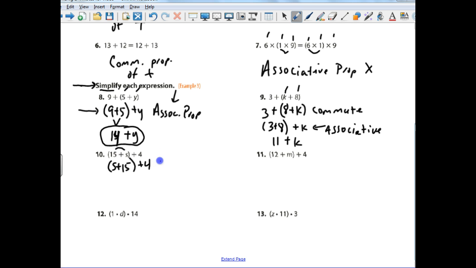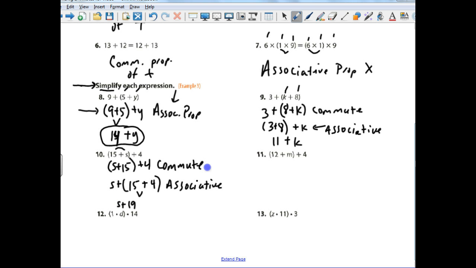That's the commutative property. And then I'm going to change the grouping and call that the associative. And I end up with s plus 19.